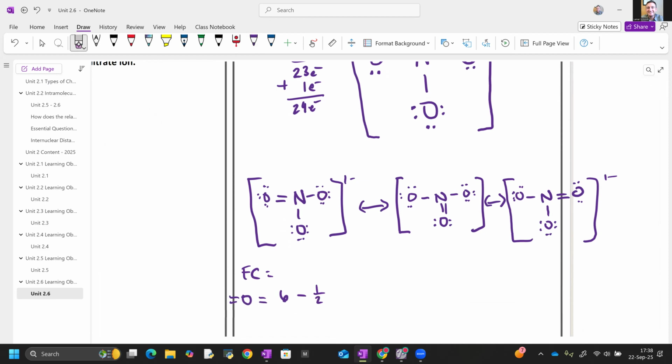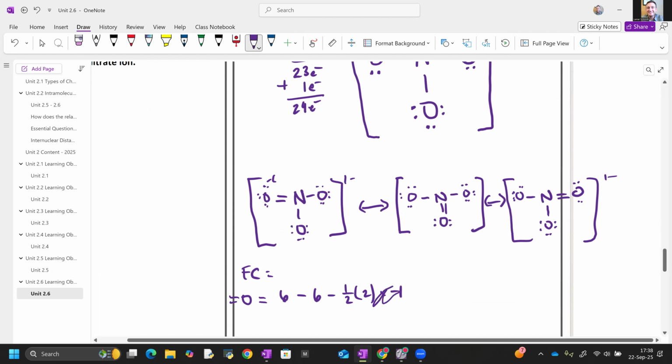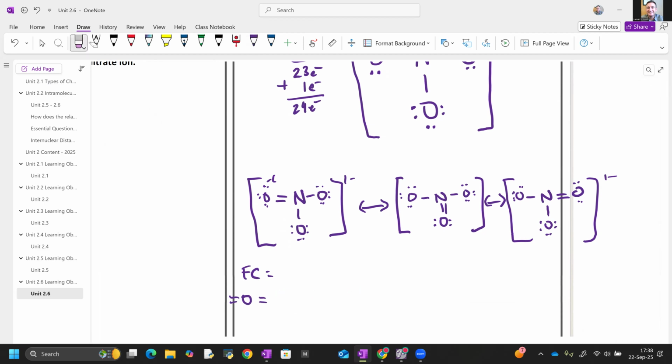Excuse me, that's not true. 6 minus all the non-bonding, which is 6, minus 1/2 of the bonding, which is 2. So 6 minus 6 is 0, minus 1/2 of 2 is -1. So this would be -1. We see the other oxygens. I did something wrong there. I did something very wrong on my picture. So I got to fix it.